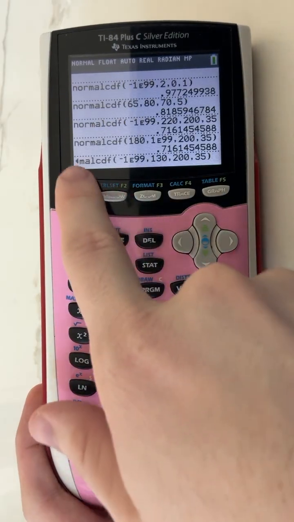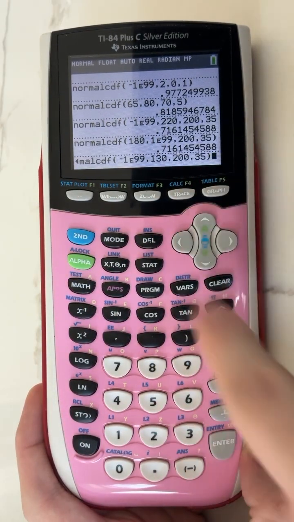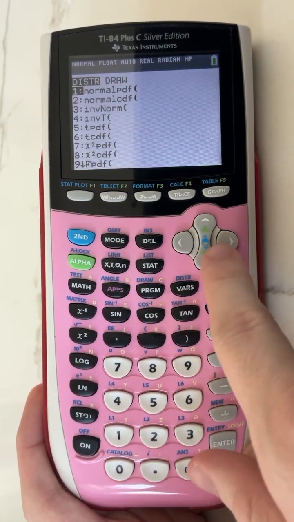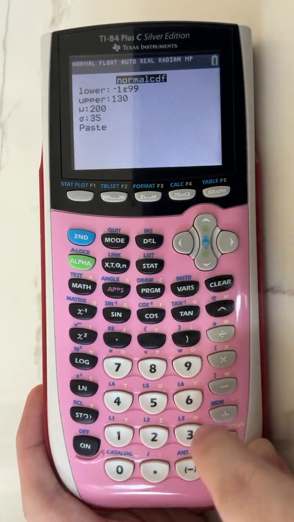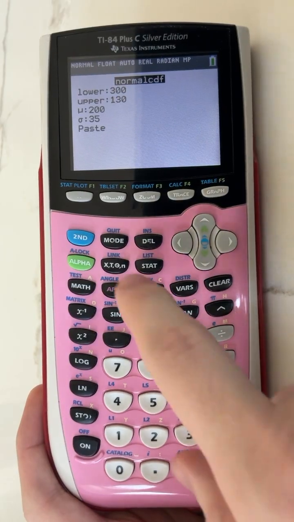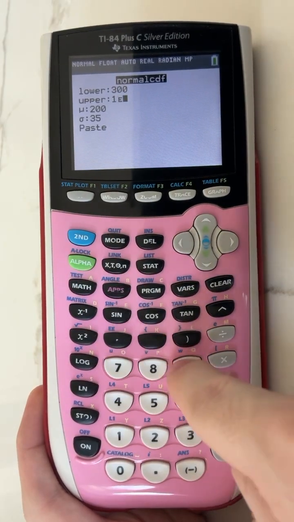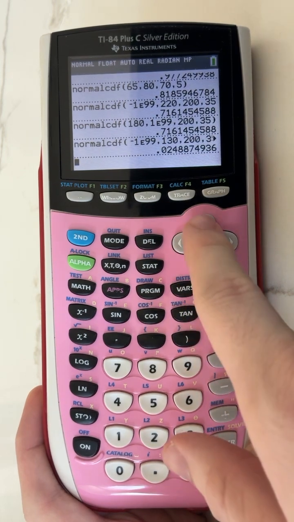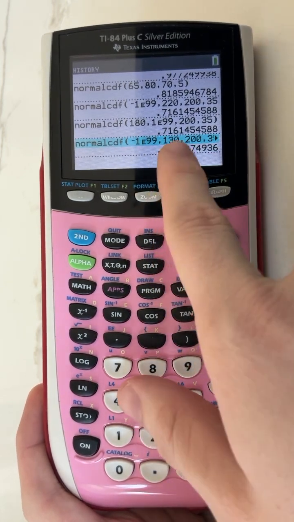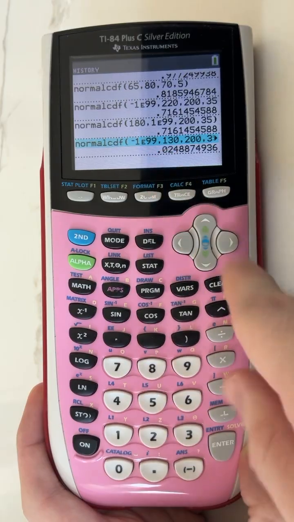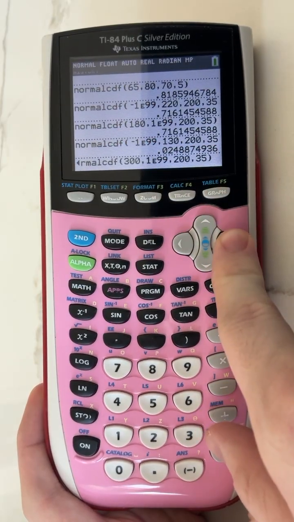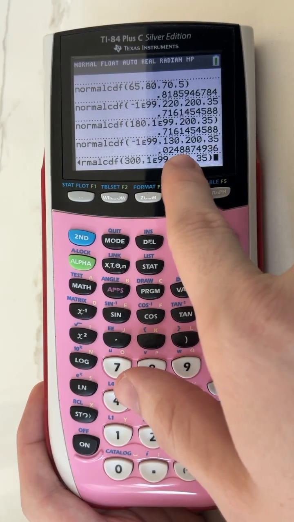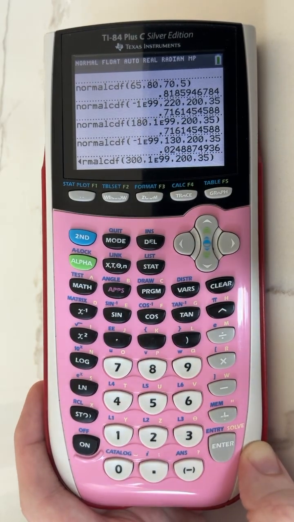And then we can add, instead of hitting enter again, we can add another normal CDF function. That will be normal CDF, that they are 300 or larger. So we'll put 1E99, a super huge number. So the probability that a person, an adult male in the US, is less than 130 or larger than 300 is about 2.5% of the adult US male population.